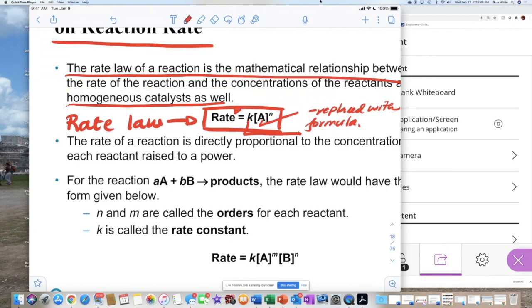So rate and K are left as is. Like I was saying earlier, it's kind of like the point-slope form of a line, the equation of a line, where some parts of variables are left as is. So the rate in this case is left as the word rate, and K is left as the symbol K. Okay.